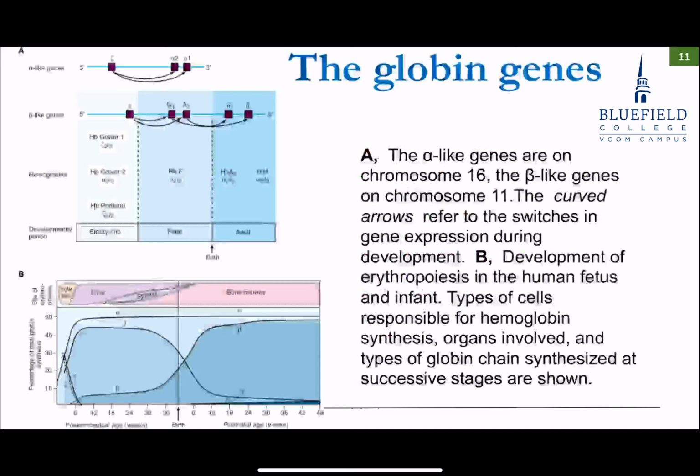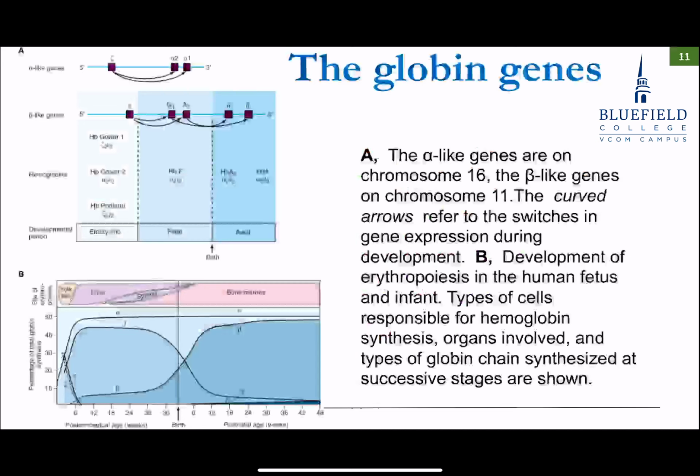So here's some of the genetics underlying globin genes, or part of it actually. But let's talk about alpha and beta genes that produce the globins that are then used to form hemoglobin. So the alpha-like genes are on chromosome 16, and beta-like genes are located on chromosome 11.